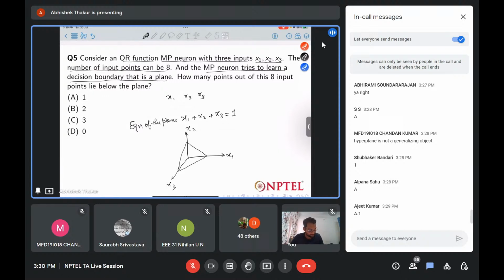Okay, so this is our 100, this is our 010, and this is 001. Here this is the only point which will lie below this plane. So only one point lies below, that is 0 comma 0 comma 0. Okay, so this was just a basic question.